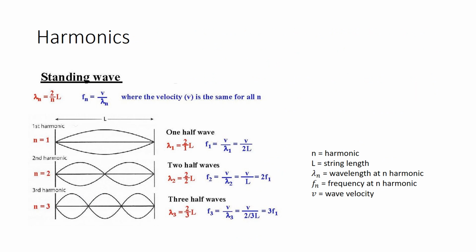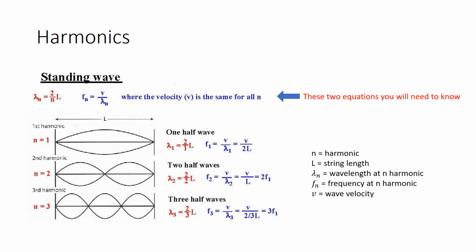Okay, now harmonics. Harmonics are what we're going to be dealing with. Harmonics are when things add together, and you get this nice little pattern, which means that the nodes end up at the ends of the string. So there are two equations here that you definitely are going to want to know.